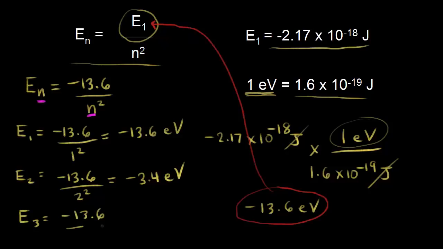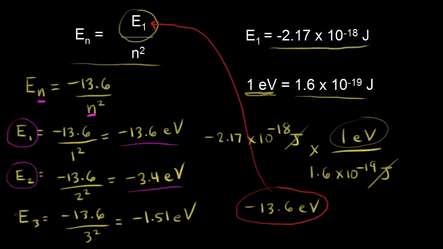Now n is equal to 3, so this would be 3 squared. And this gives you negative 1.51 electron volts. So we have the energies for 3 different energy levels. The energy for the first energy level is equal to negative 13.6. E2 is equal to negative 3.4, and E3 is equal to negative 1.51 electron volts.